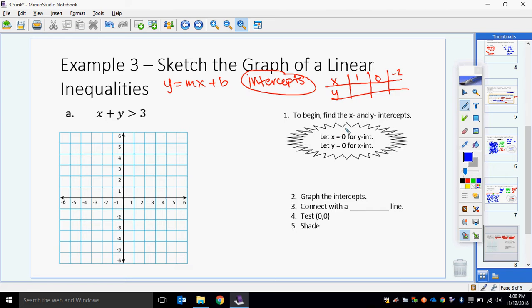Remember, to find the y-intercept, we're going to let x equal 0. So let's start with the y-intercept. I'm going to plug in 0 for x and solve for y. So 0 plus y would just be y is greater than 3.